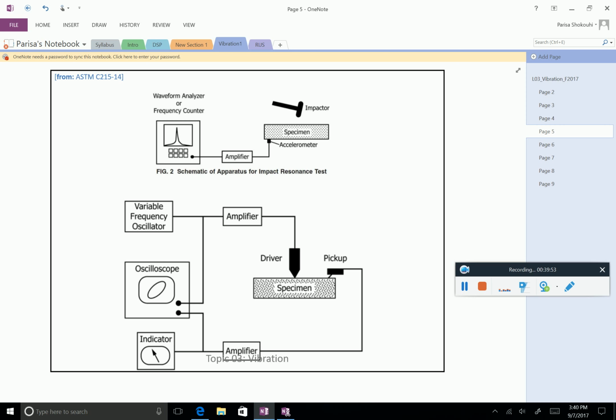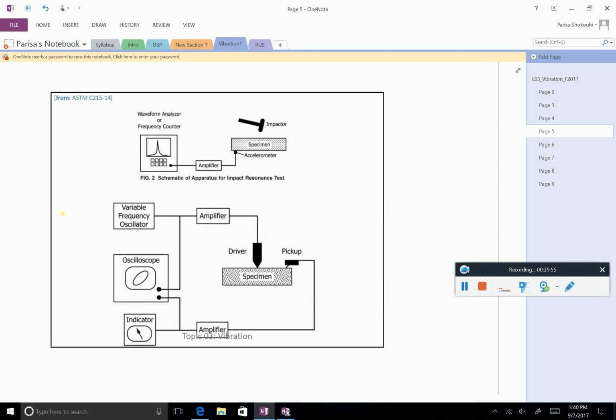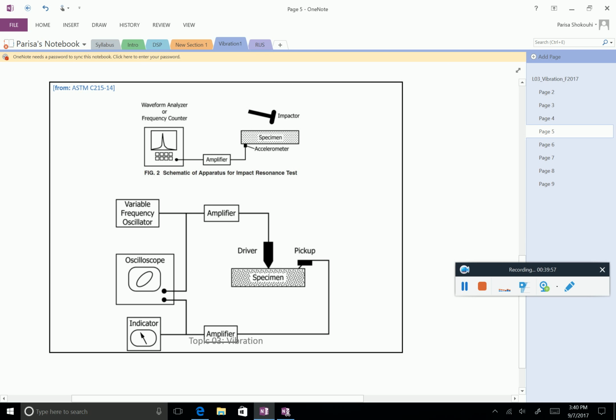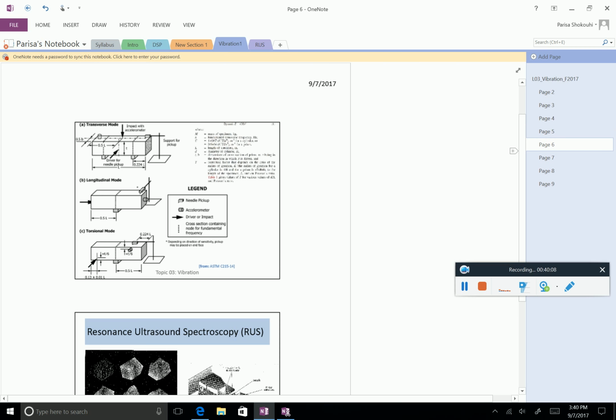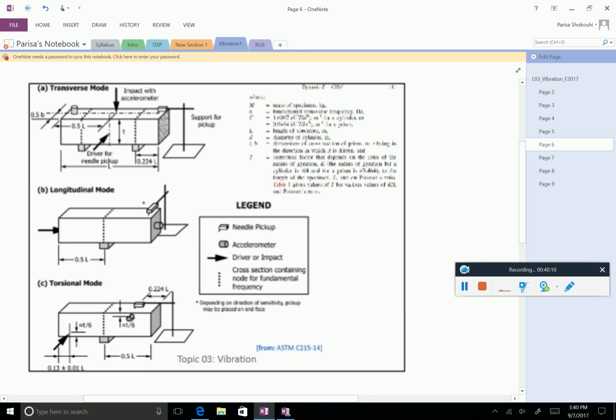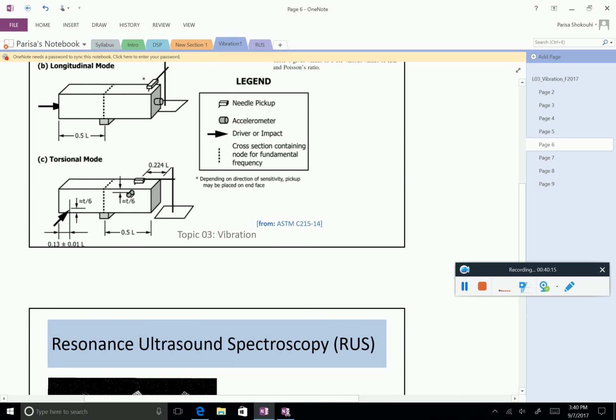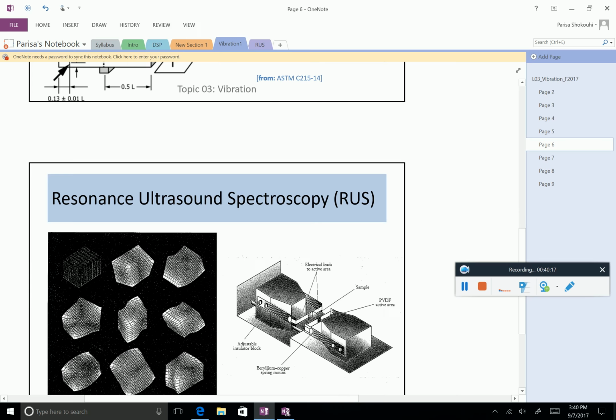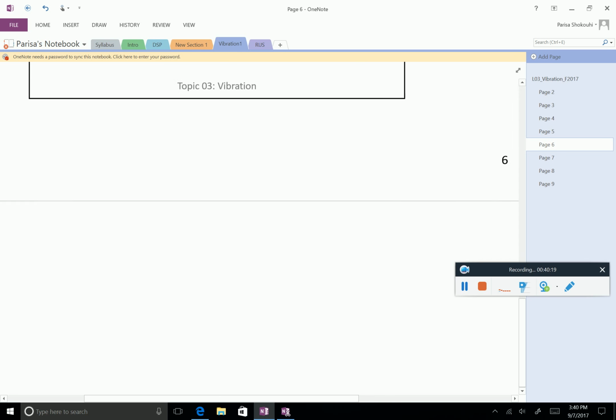So you may know that there are some standard testing methods that work on resonance. You just use a tap, you pick up the acceleration, and from the resonance, you magically come to the elastic constants. So that's where the idea comes from. And this one we talked about.